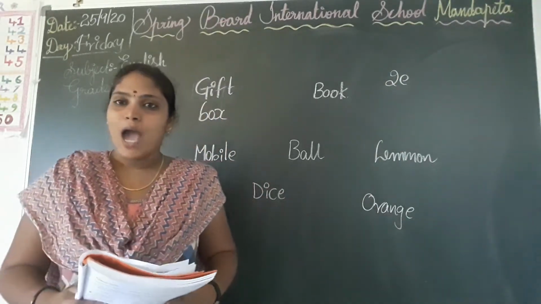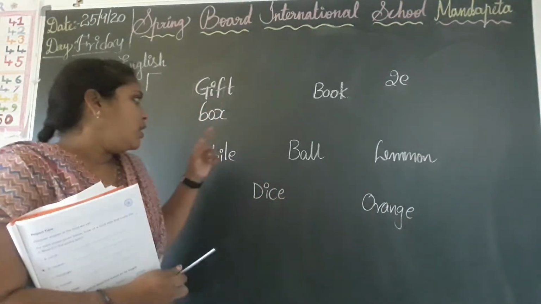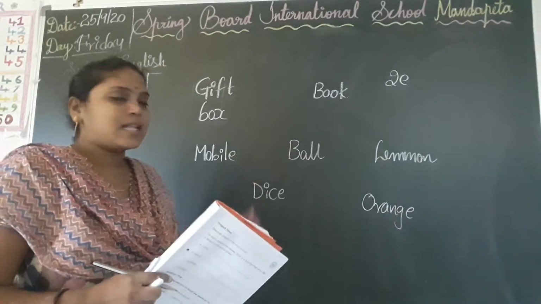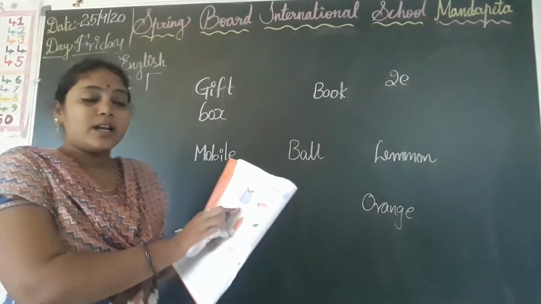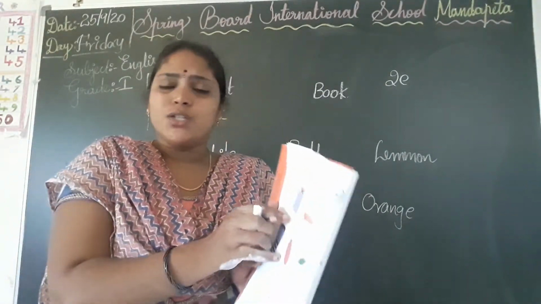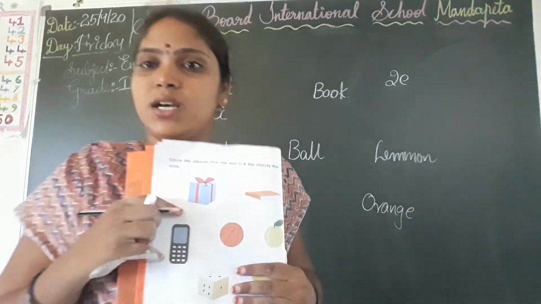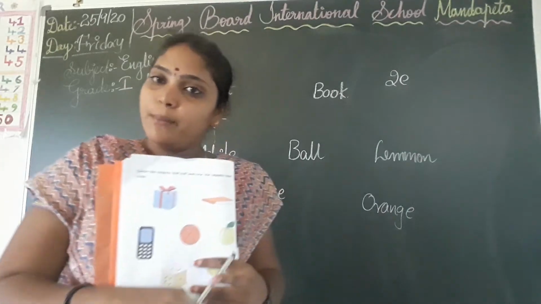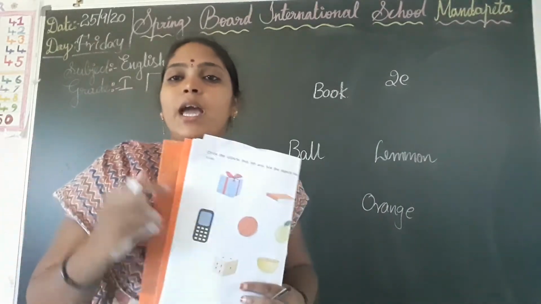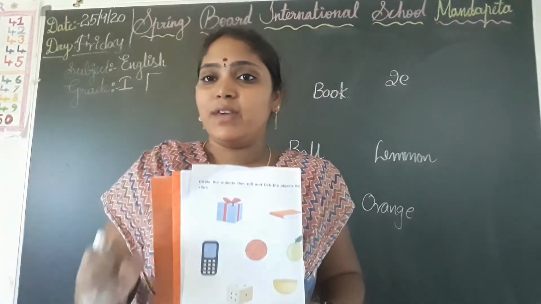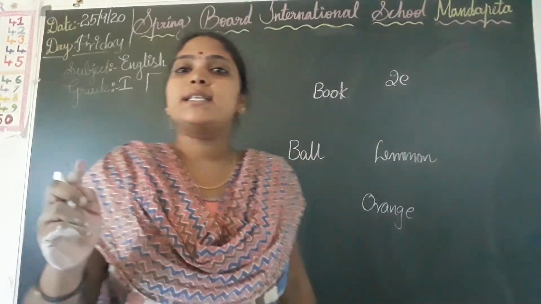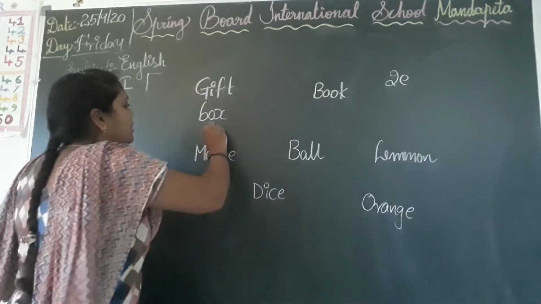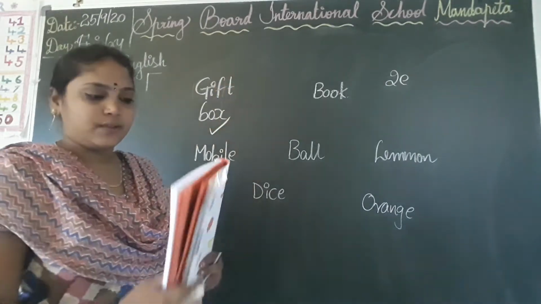So here you have to circle the rolling object and tick the sliding object. In the first one is a gift box. Let us check whether it has a flat surface or not. Yes, it has a flat surface, which means it slides. An object that has a flat surface means it slides. So the gift box slides. For a sliding object, you have to tick that one.